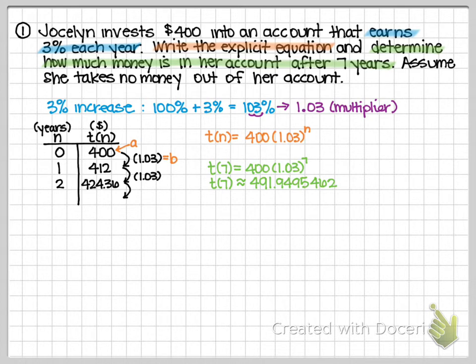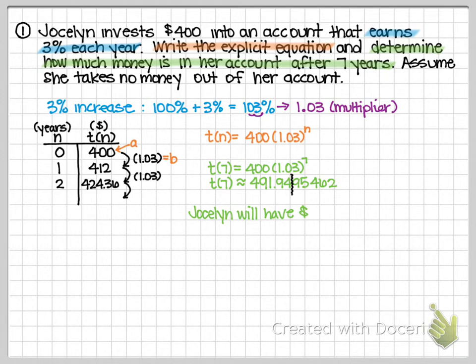So Jocelyn will have... And then let's think about this realistically. I know that we've been taught to round decimals, but it kind of depends on the perspective. So if she put this money into a bank account and she goes in to withdraw her money, we have to think about this realistically. So let's look at where the decimal should cut off. So right in between the 4 and the 9.